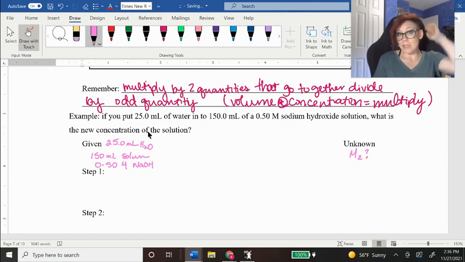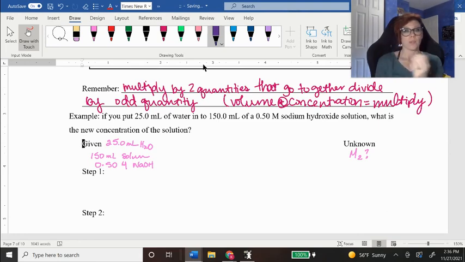So in this one, you've got a couple of things that you've got to do. Most of your dilution problems you're just multiplying your volume times your concentration, and then you're going to divide by your other volume. In this case, we do not have the volume of the second solution. So my step one is to find the volume of the solution.